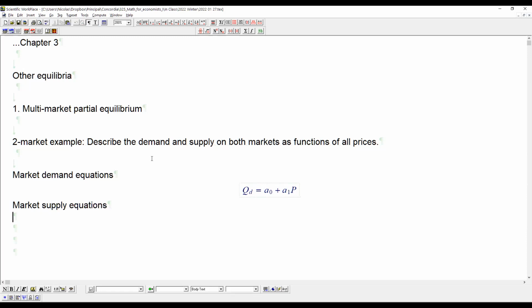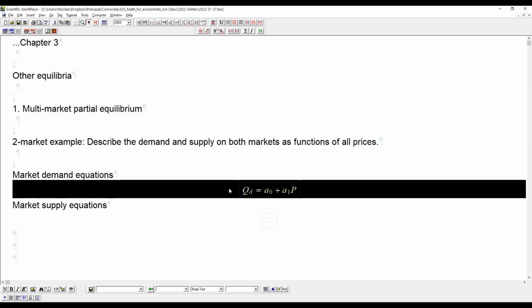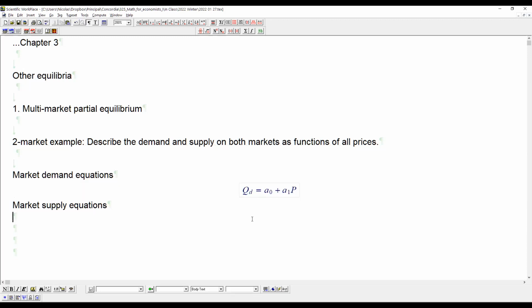We would start with one, and we would have something that looks pretty similar. So QS equals, and now let's use Greek letters, alpha 0 plus alpha 1P. Here, this is the price on the single market I'm having there.